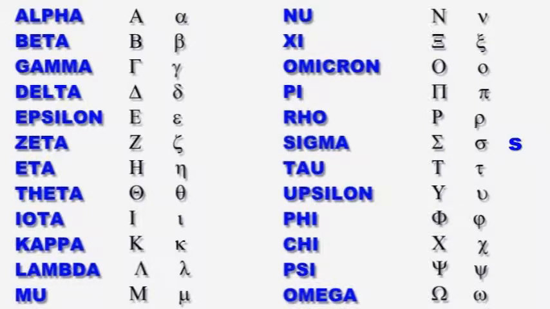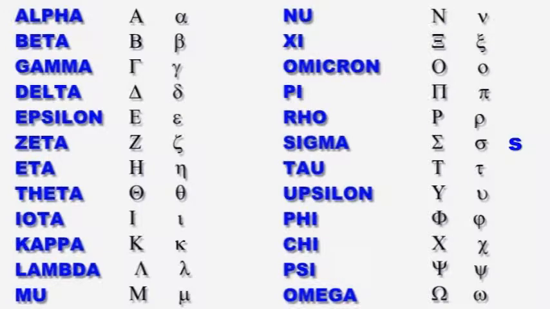Pi is spelled out P-I. Rho is spelled out R-H-O. Sigma is spelled out S-I-G-M-A. Tau is spelled out T-A-U. Upsilon is spelled out U-P-S-I-L-O-N. Phi, like fee, fi, fo, fum. You know, that, remember the giant?